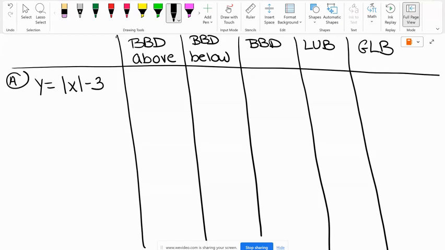I'm not going to graph it for you, which tells you that you need to remember how to graph this stuff.